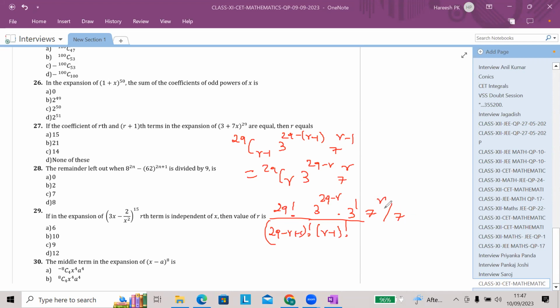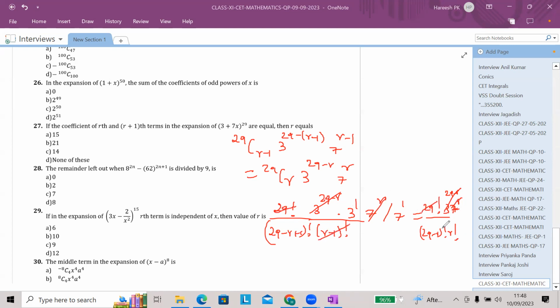So 7 power r minus 1, I'll write as 7 power r by 7 power 1. So that should be equal to 29 factorial by 29 minus r factorial, r factorial, and 3 power 29 minus r, 7 power r. So this all will get cancelled. 29 factorial gets cancelled.